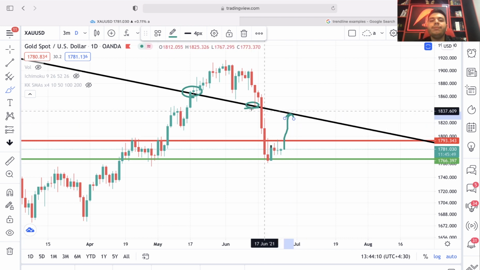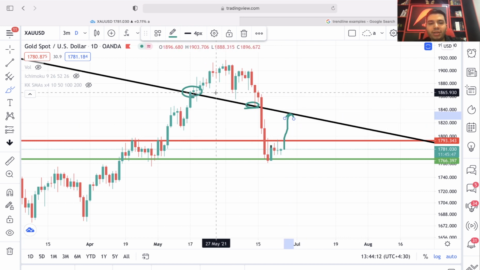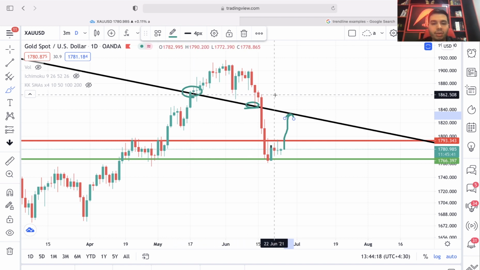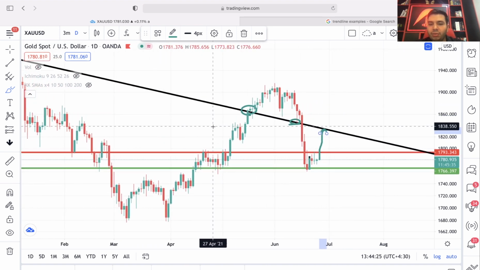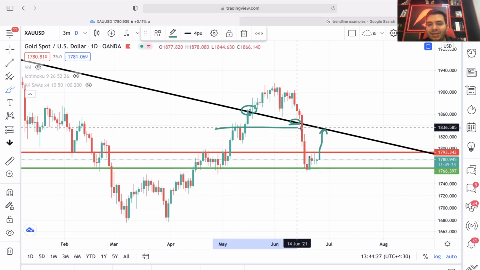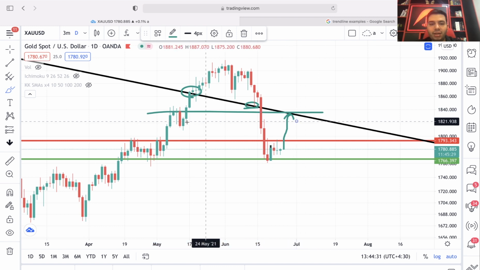So remember, when you have some kind of trend line like this that is not working for two times, the third time is going to work and has a higher chance to work out. And you can also check the static resistance areas around the resistance line, okay?